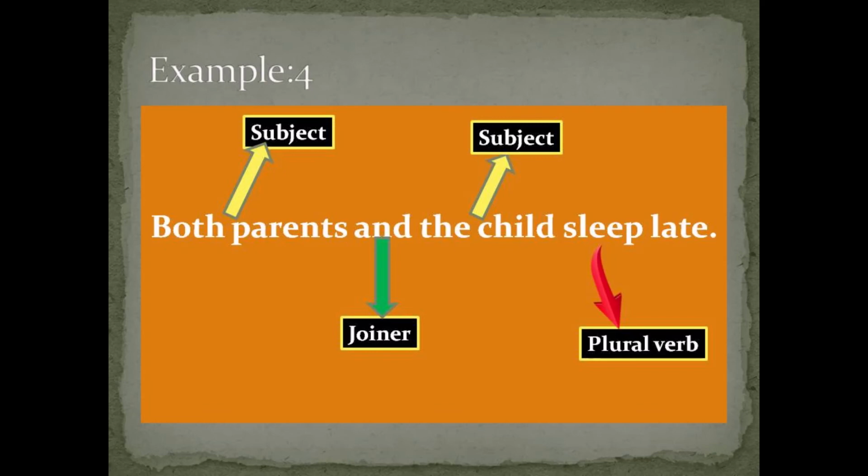Here we have the first part of the subject being plural, both parents, and the second part of the subject we have singular, the child. The key is that they are joined by and because they are joined by and, that is what controls whether you use the plural verb.